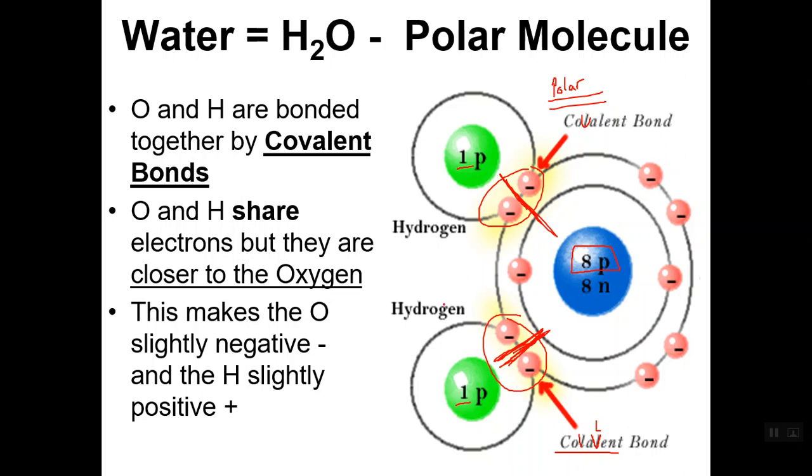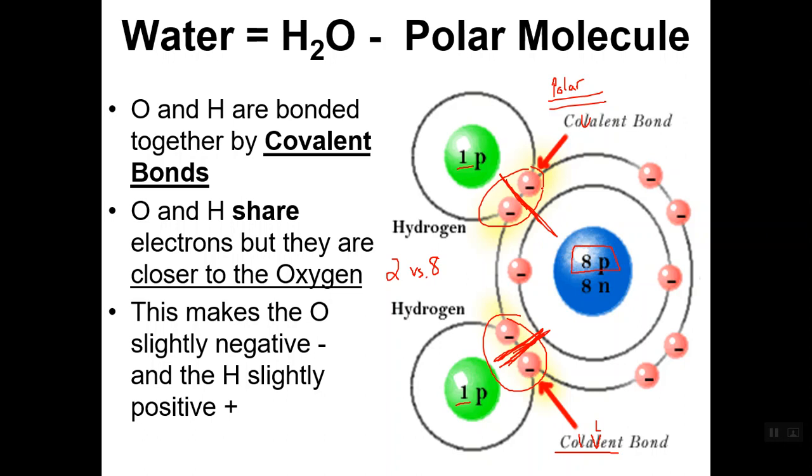So if you imagine this as a tug of war, it's a tug of war between 1 proton for hydrogen and 8 protons for oxygen. This tug of war is really unfair, and those 8 protons win.